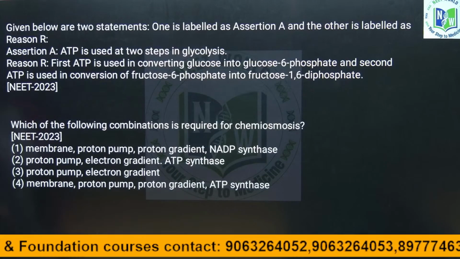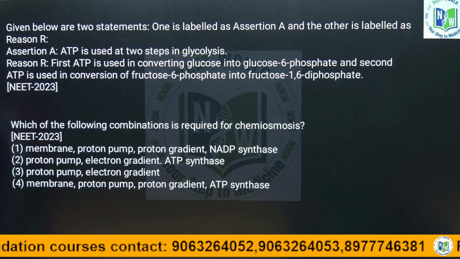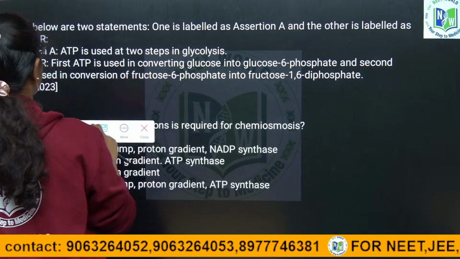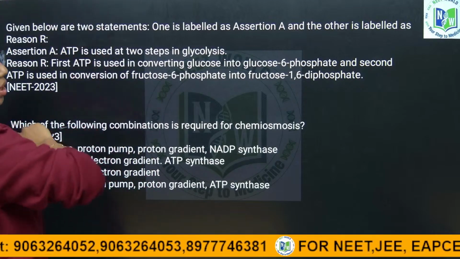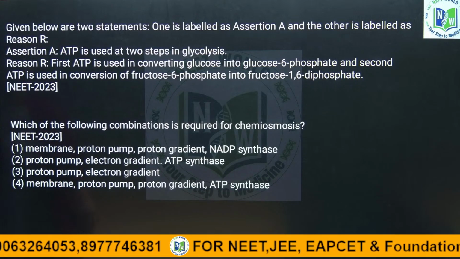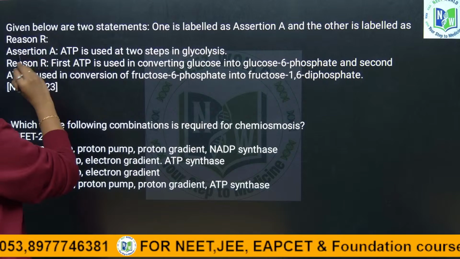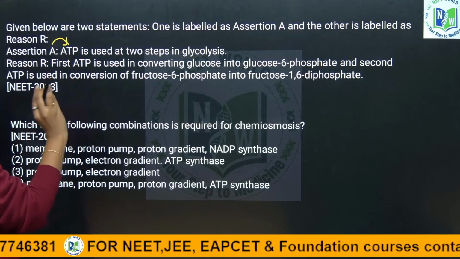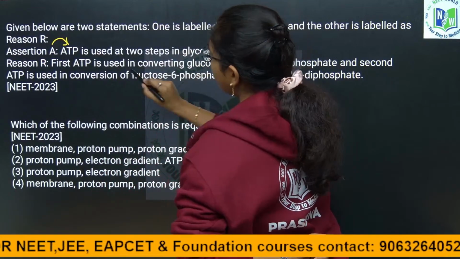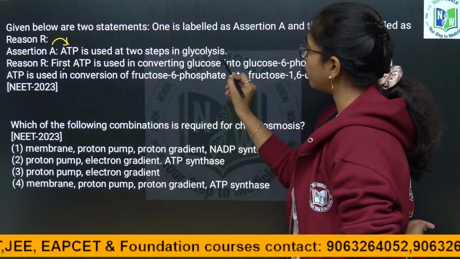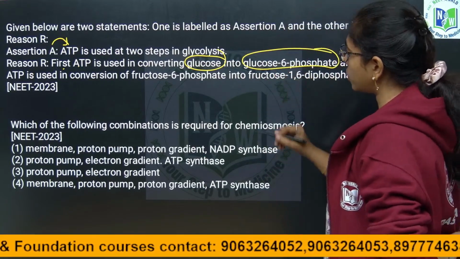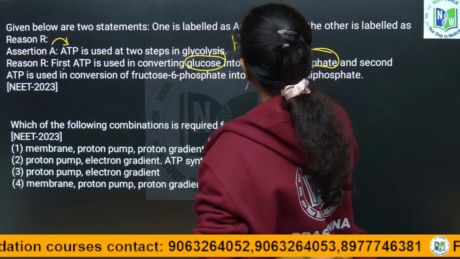Next, here it is an assertion reason question. Mostly we get match the following, statement based and assertion reason questions, so practice more such questions from this chapter. In the assertion, ATP is used at 2 steps in glycolysis. True. At what steps? At the first step, ATP is used in converting glucose to glucose 6 phosphate by the enzyme hexokinase.